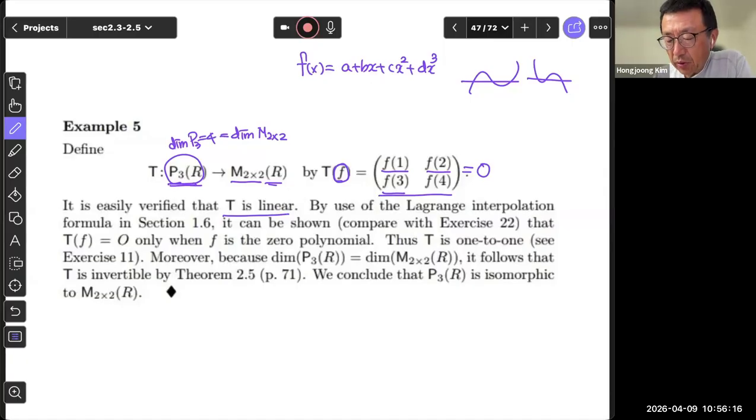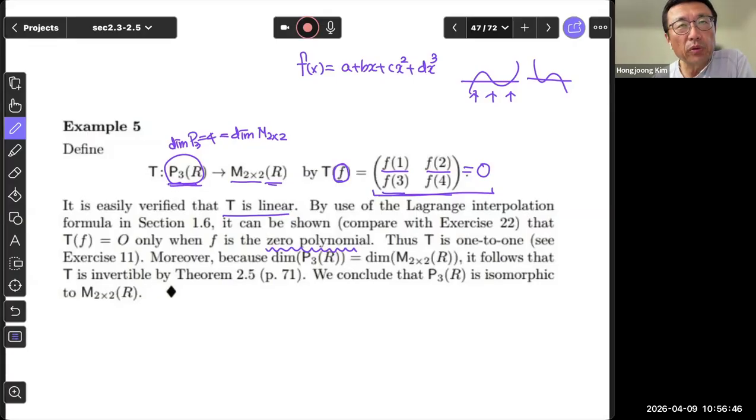So the zero image is obtained only when the vector in the domain is the zero polynomial. Otherwise, you have a cubic polynomial, and as I said, in that case, the number of zeros will be at most 3 or less.